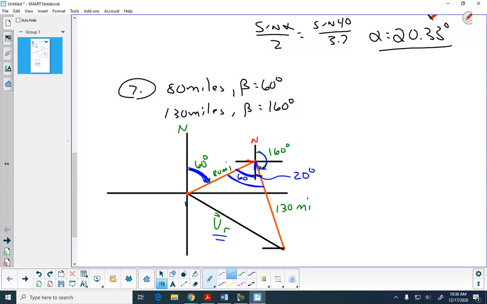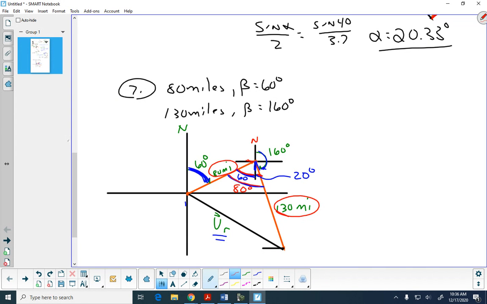So the entire angle, what does the entire angle have to equal? Riley? 180. No, not 180. If this is 20 degrees here, and this is 60 degrees here, the entire angle has to add up to equal what? 80 degrees. So now we know this entire angle is 80 degrees. We know this length is 130, this length is 80.